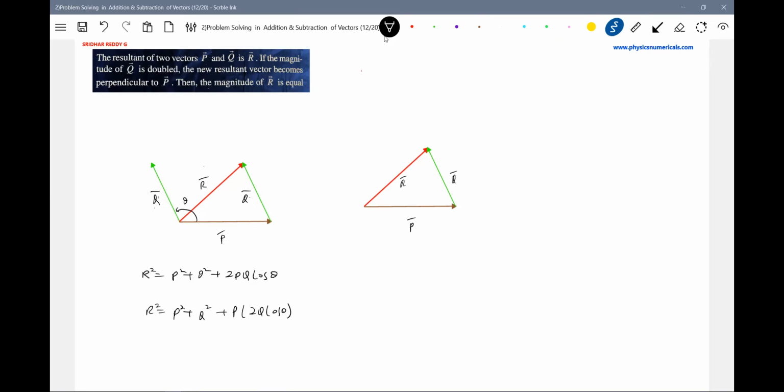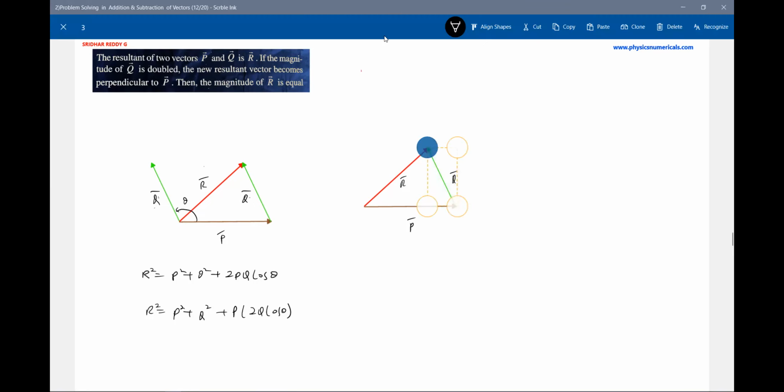This was earlier R bar. If I increase the magnitude of Q bar, how much should I increase it so that R bar will become perpendicular? I'll double it, that's all here.